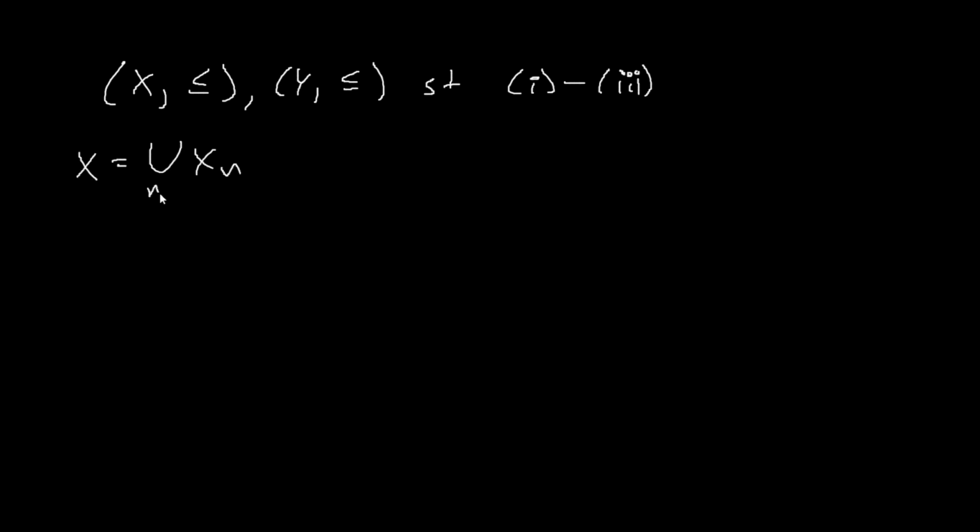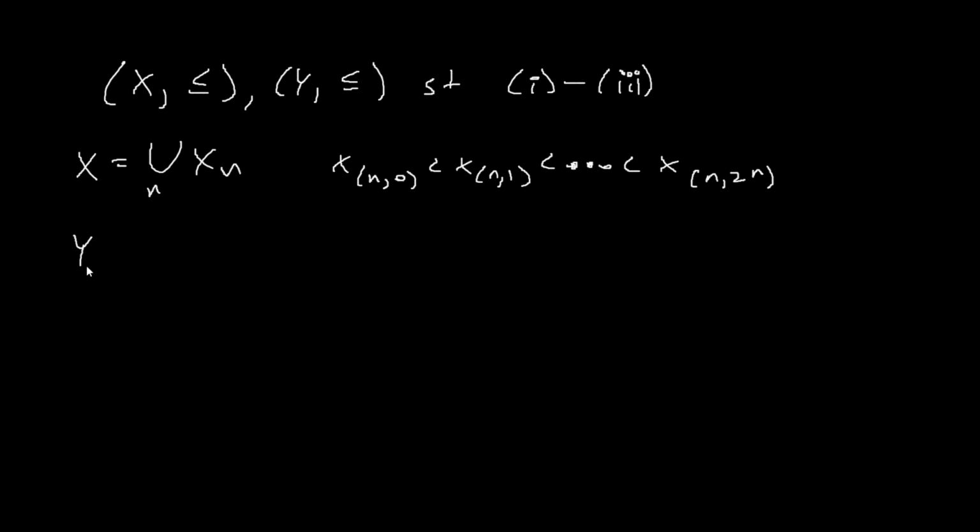So given two linearly ordered sets X and Y, such that both satisfy properties 1 through 3, we can create a labeling system for X, where X is the union of Xn's, with elements ordered like this.